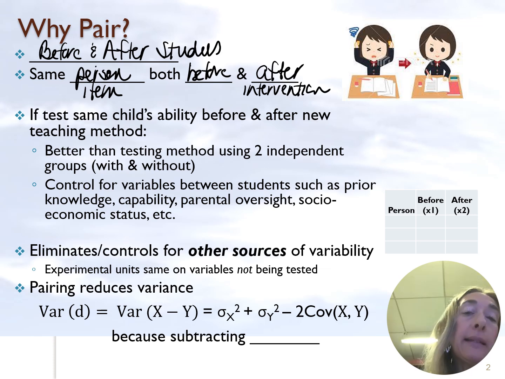Let's say that intervention happens to be a new teaching method in the classroom, something you're trying different in the classroom, and you are trying to assess students' abilities with your enhanced or new method.